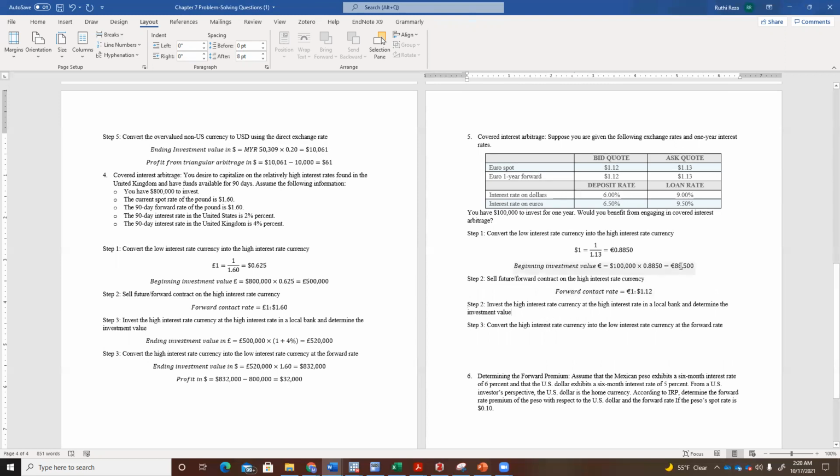Now we have our euro, and we are going to invest it at the European interest rate, which is 6.50%.